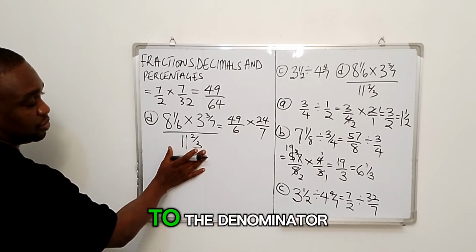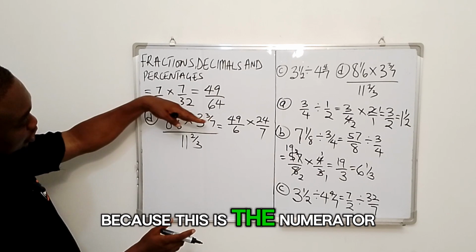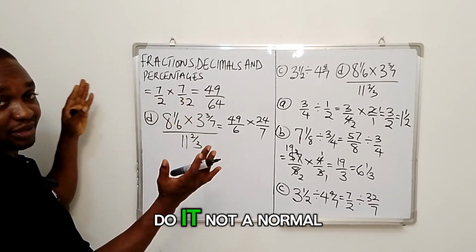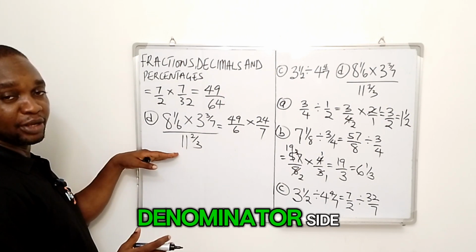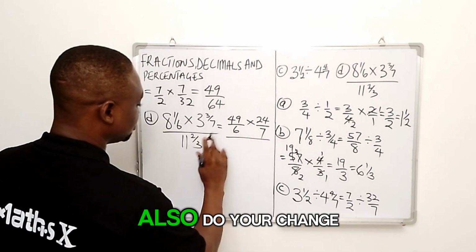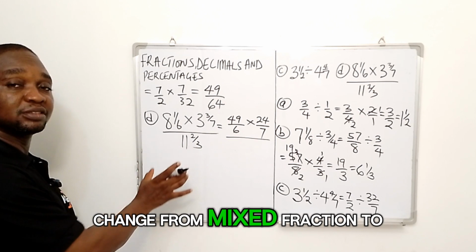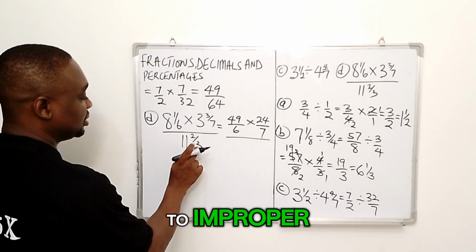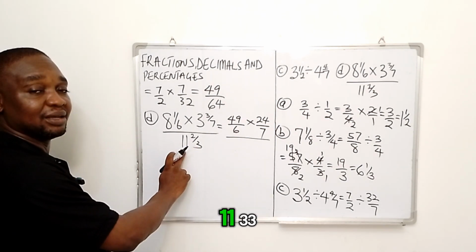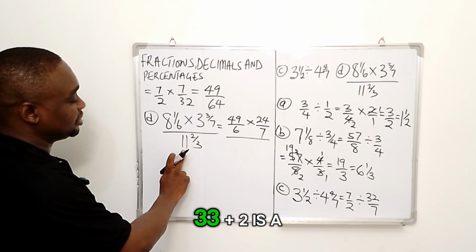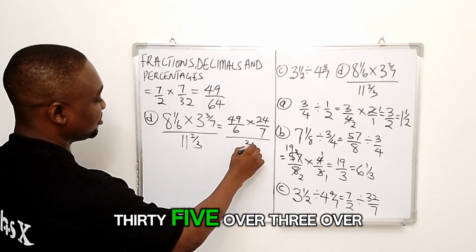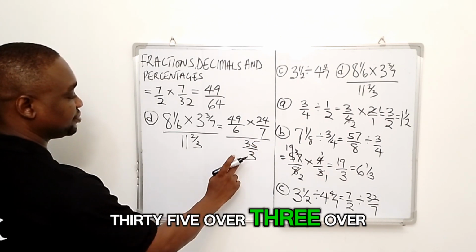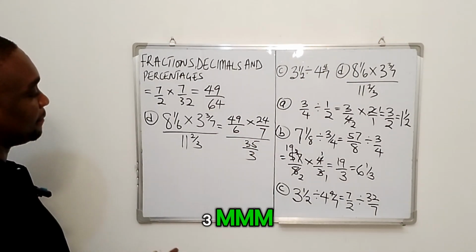Do the same to the denominator, because this is the numerator part of the fraction, though not a normal numerator of a single digit. And then this is the denominator side. For the denominator side also, change from mixed fraction to improper. This will be 3 times 11, 33. 33 plus 2 is 35 over 3.